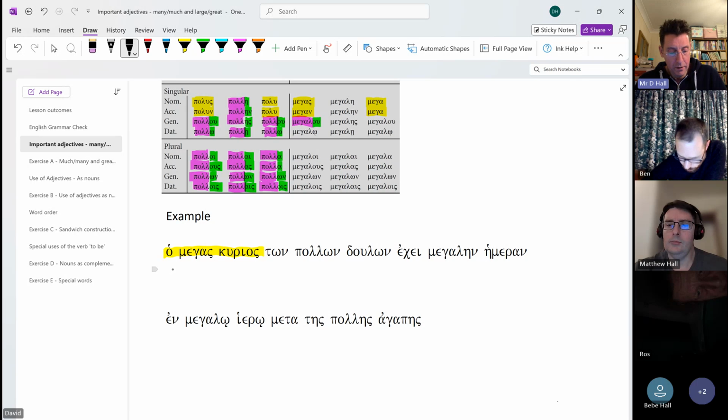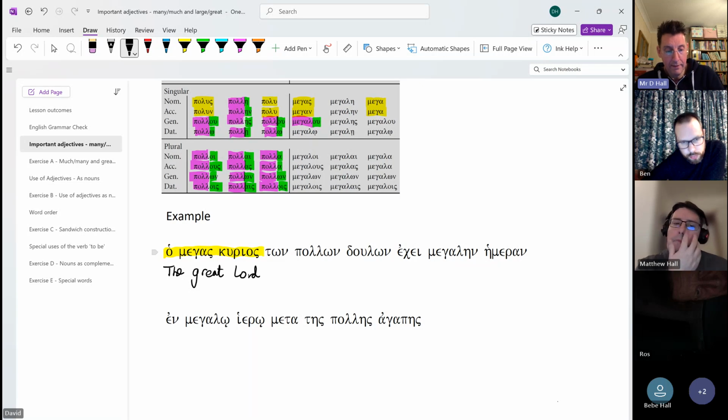So this is the great or the large. So we'll talk about the great lord, or the great master. So we can have it either way around. And then we come to another thing here. We've got probably the ending which is easiest to remember because it's consistent across all genders. Okay. It's a genitive plural, and you'll pick up this genitive plural for nouns quite quickly.